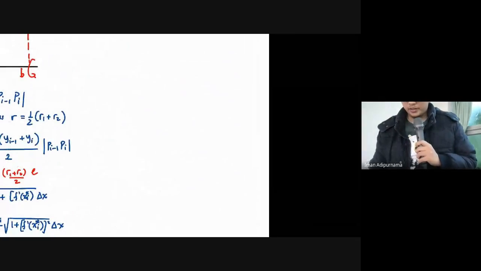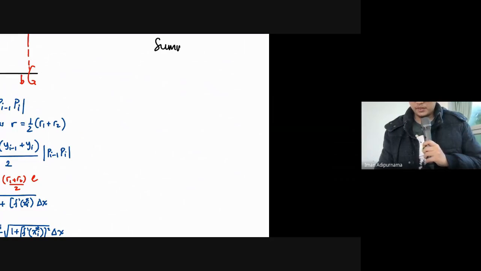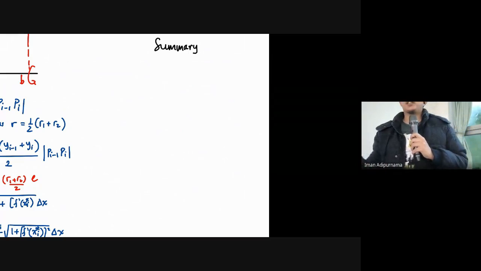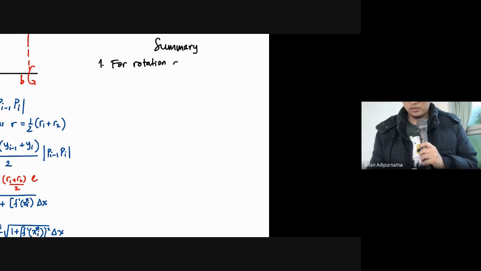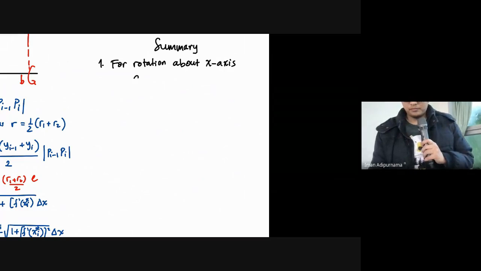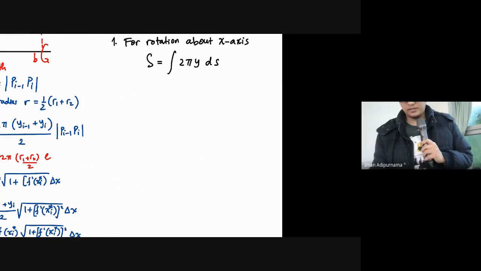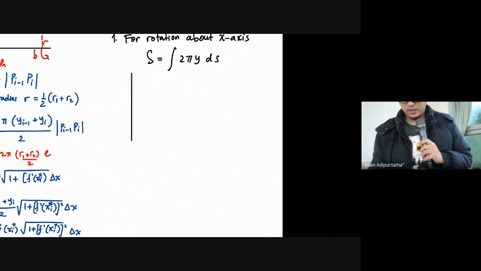Let me write this summary, okay, summary on how you are using the surface area. So for rotation about the x-axis, let me write just ds, okay? And let me draw first.